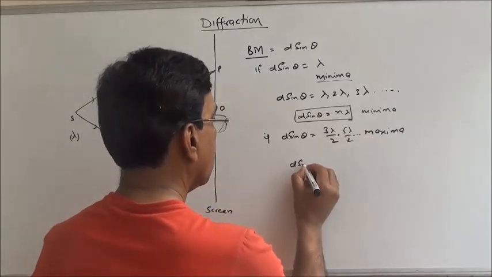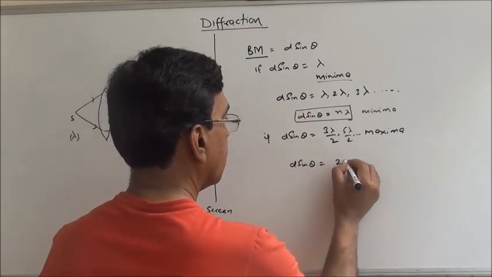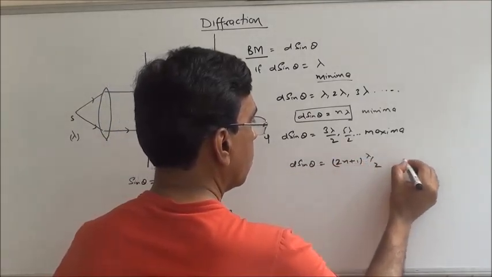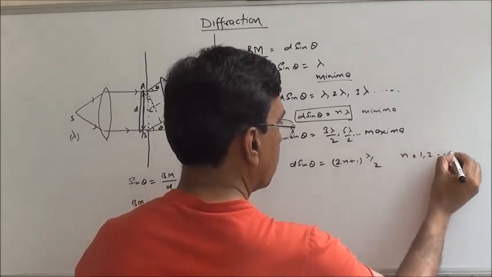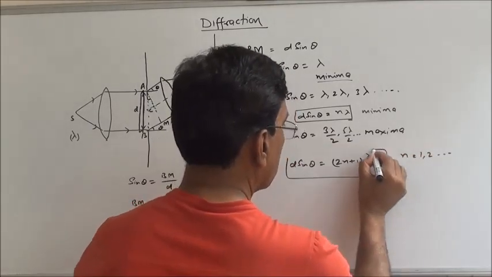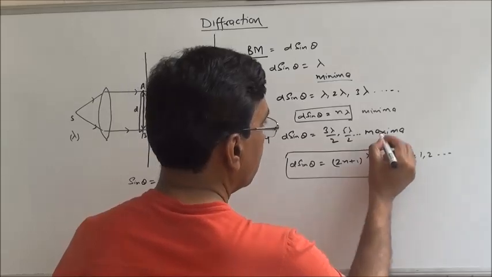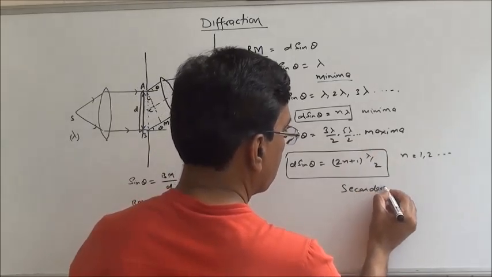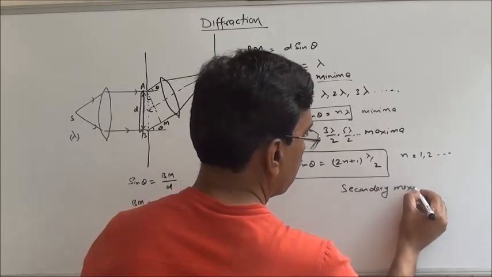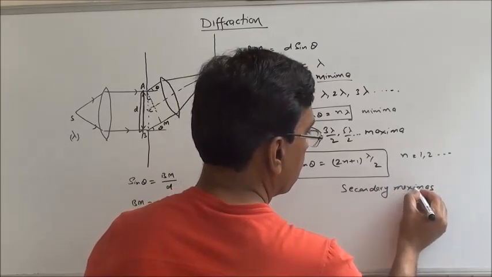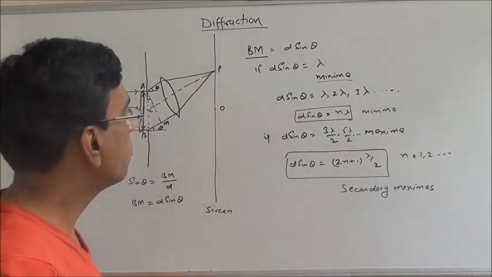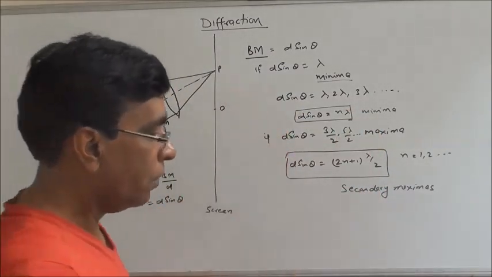So d sine theta equals (2n+1) lambda by 2 is the condition to get secondary maximas. Minima and secondary maxima.